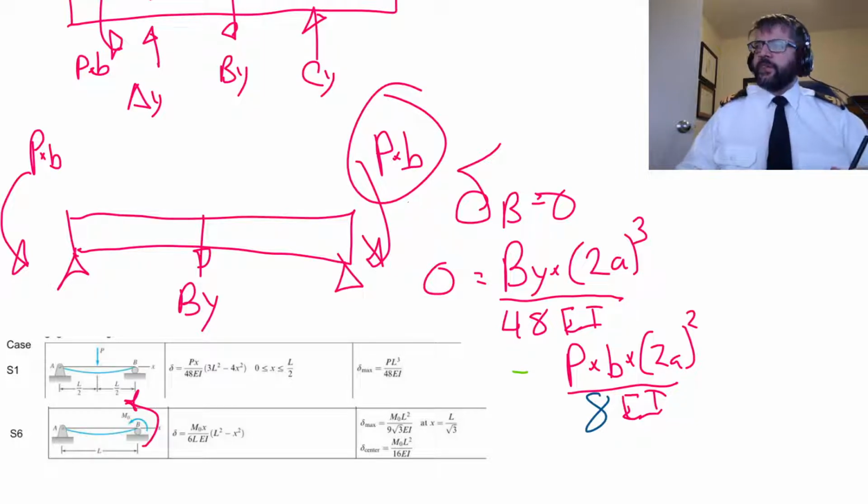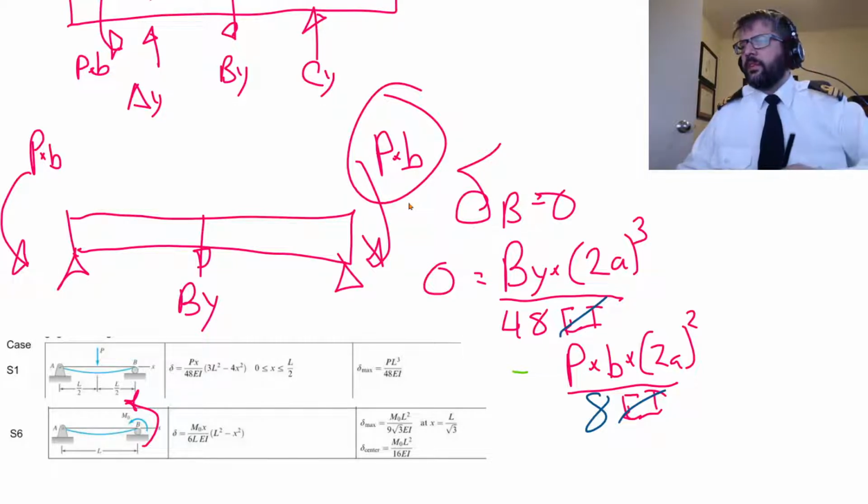All right, so to simplify things a little bit, let's multiply everything by EI. So that goes away to the other side. Now let's multiply everything by 8. Cancel that out. That turns into a 6.